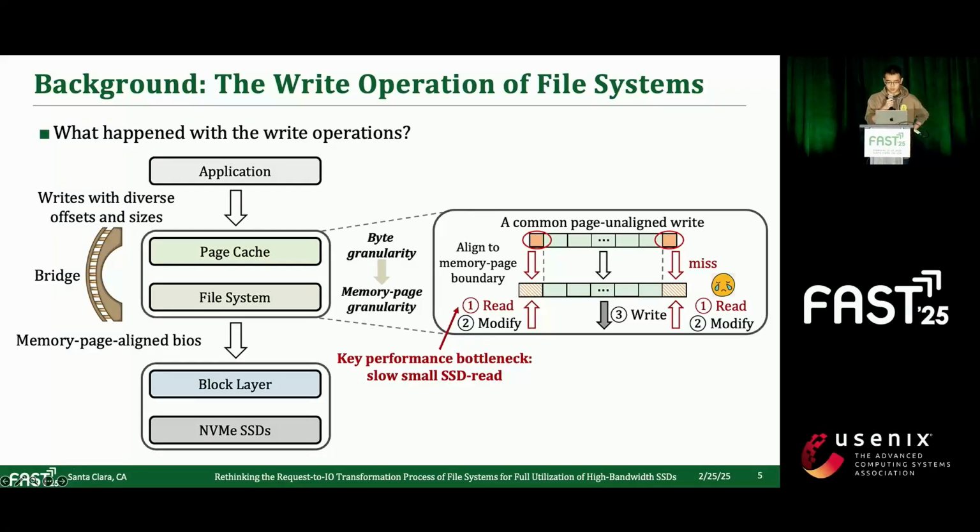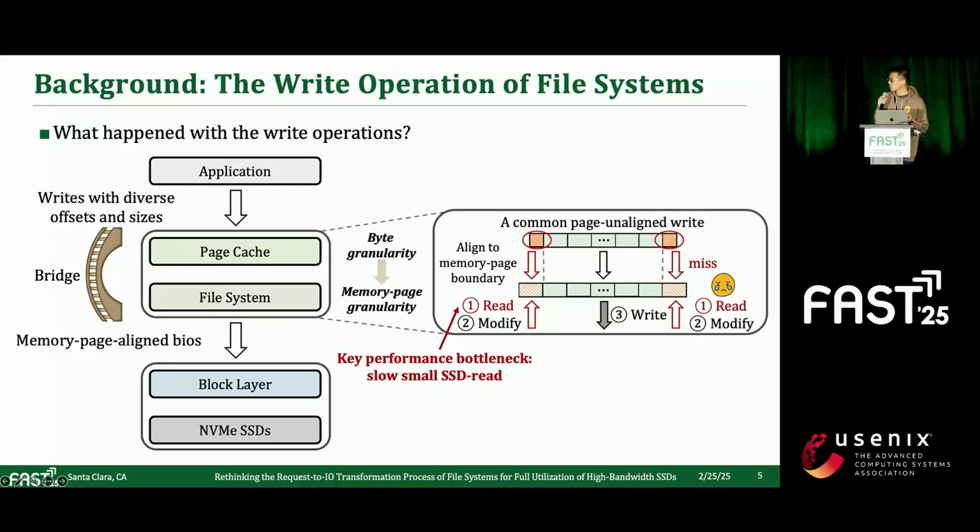The file system uses the page cache to transform user requests into memory page aligned BIOs. But consider a non-page aligned write. The page cache requires a slow read-modify-write operation. That means reading from the SSD, modifying the memory page, and then writing back.